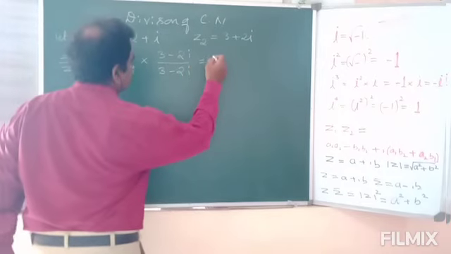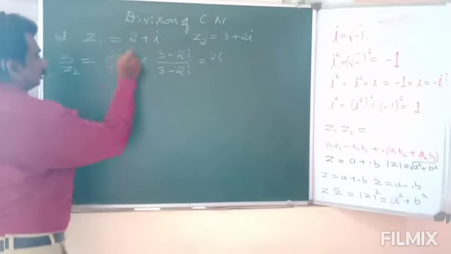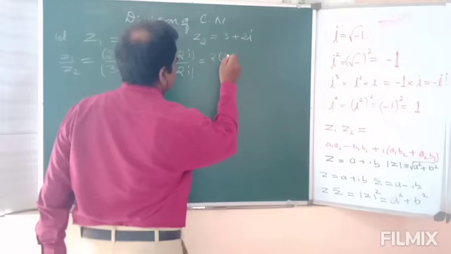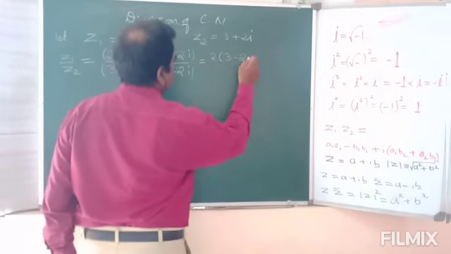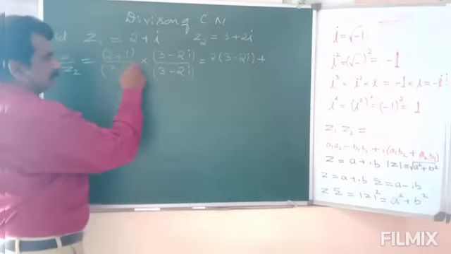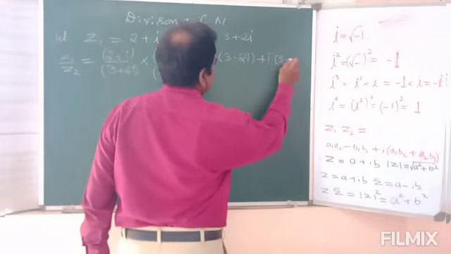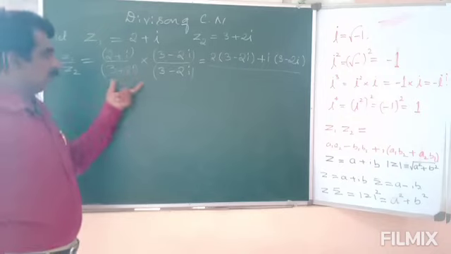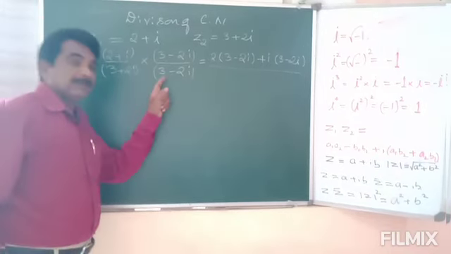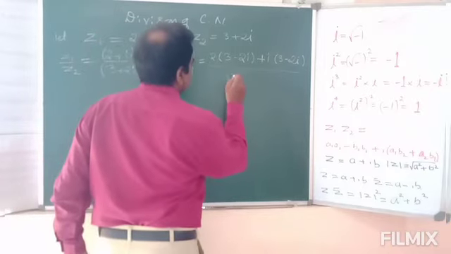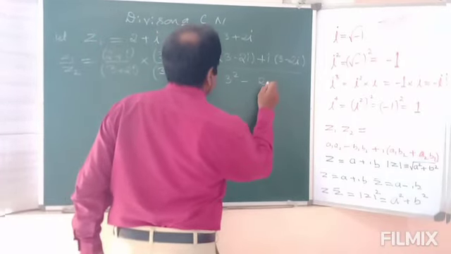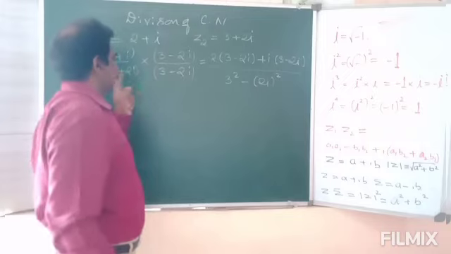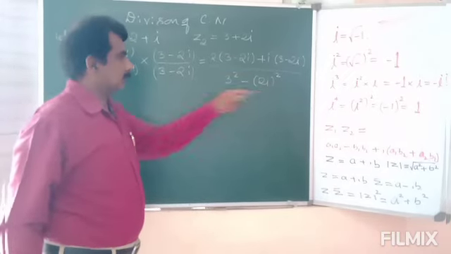Now this is equal to 2 into 3 minus 2i plus i into 3 minus 2i, divided by A plus B into A minus B in the denominator, that is A square minus B square, where A square is 3 square and B square is 2i whole square.